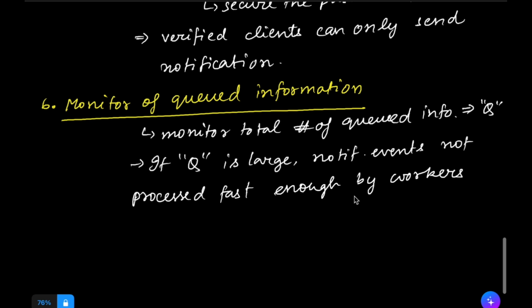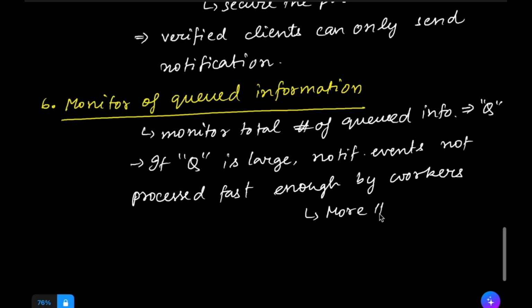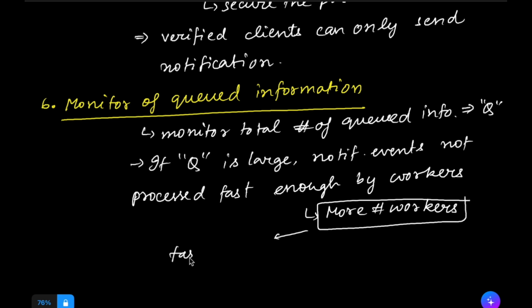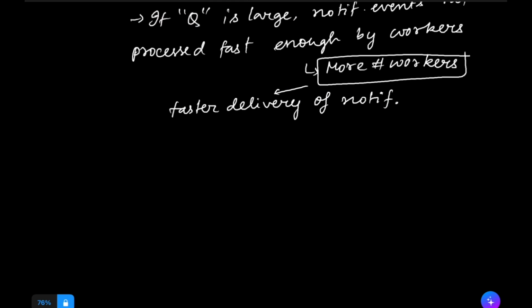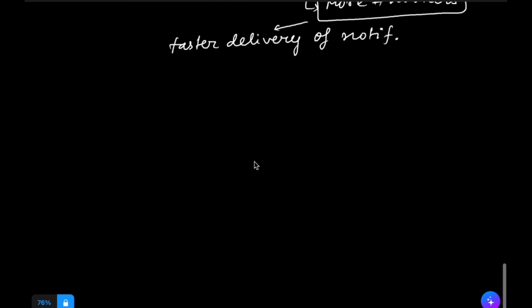So we need a larger number of workers. And what does it enable? If we have more workers, we will be able to have a faster delivery of notifications. Thus by monitoring the queued information, we can scale out our number of workers and enable faster delivery of notifications. And the final component which we will be using to design our notification system is event tracking.